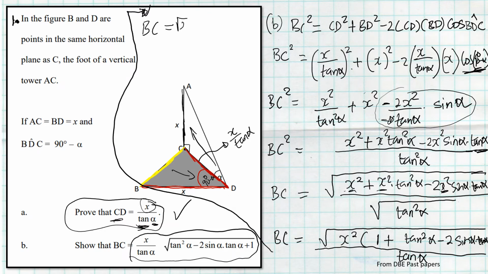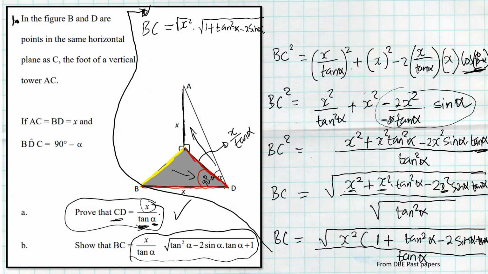So the space here is very small, so it's the root of x squared multiplied by the root of 1 plus tan squared alpha minus 2 sine alpha multiplied by tan alpha, all inside the root, divided by tan alpha.